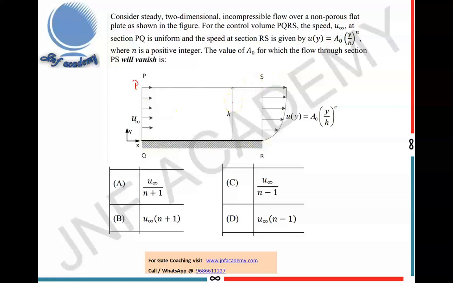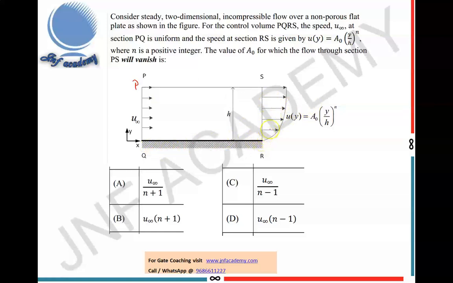And what they are telling is, for the control volume, the speed u infinity is at section PQ, right? At section PQ, the speed is u infinity, right? And at section RS, they have given the variation of speed, right? They have given the variation of speed, which means that because of this flat plate, a velocity profile is developing, because of the shear stress and all those things.